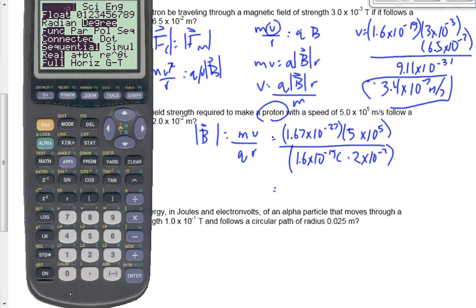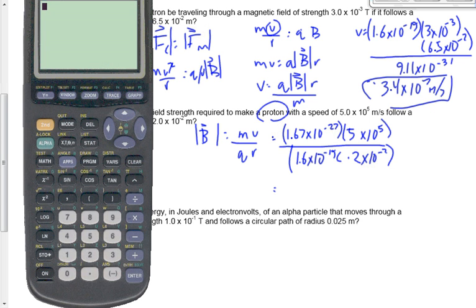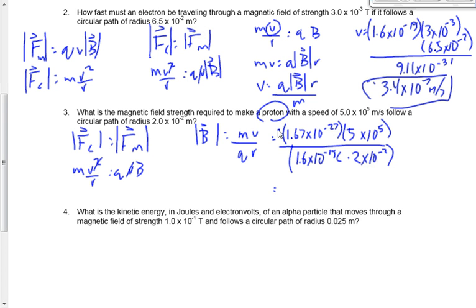I still see people entering scientific notation in the way that I don't like people entering scientific notation. Okay, when I'm entering 1.6 times 10 to the minus 19, don't do this. Honestly, that'll work for you most times, but I don't like it when you do that because it doesn't work for you every time. If you do that on the top up here, it will work for you every time.